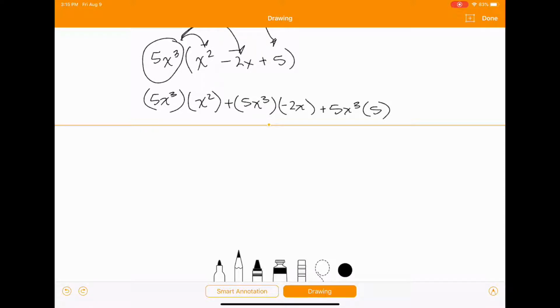So we've got 5 times 1 times x cubed times x squared plus 5 times negative 2 times x cubed times x plus 5 times 5 times x cubed.